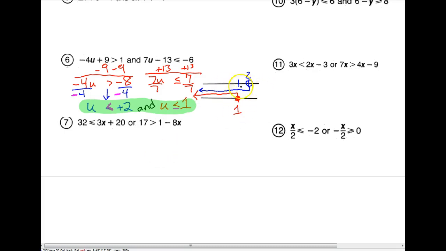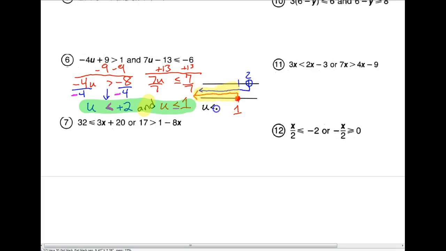And should I include both or just the overlap? Yeah, we're looking at ands, right? So according to your notes on that problem, you're looking at the overlap. So that would make the answer. Well, it looks like it's overlapping at 1 and to the left, right?